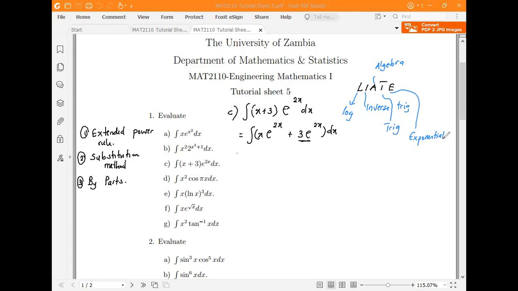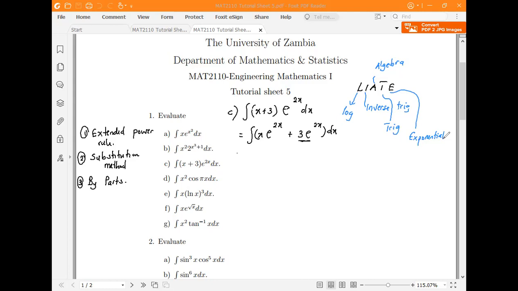The way that word reads from your left, when you find a combination, the one on the left in the word, not in the question, is what becomes your u, and your dv is on the right in the word.